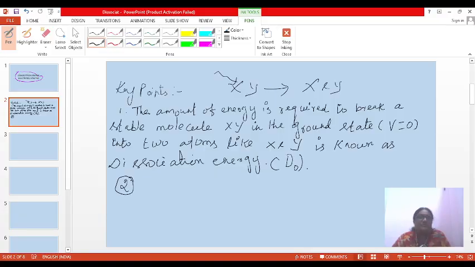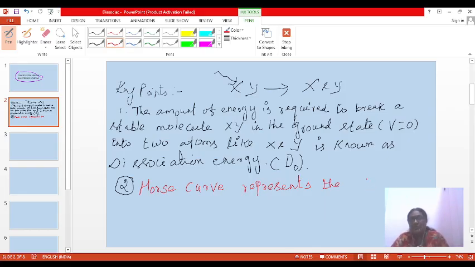Point number 2. The Morse curve represents the dissociation equilibrium.